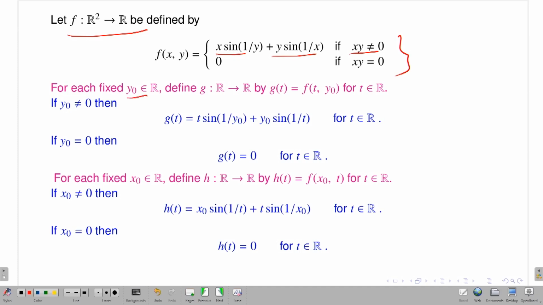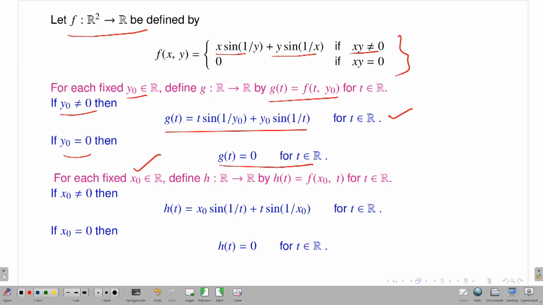If I fix a point y naught in R, g of t is equal to f of t comma y naught. Now if y naught is non-zero, g of t is t sine of 1 by y naught plus y naught times sine of 1 by t, for t in R. If y naught is 0, then g of t is 0, because xy is 0, so this is 0.